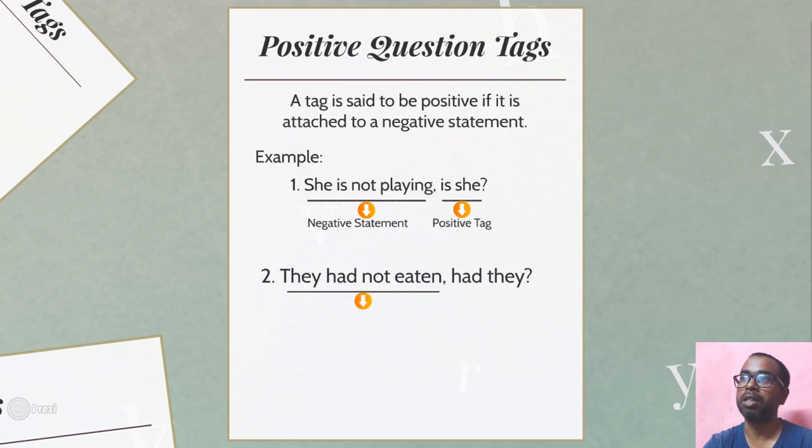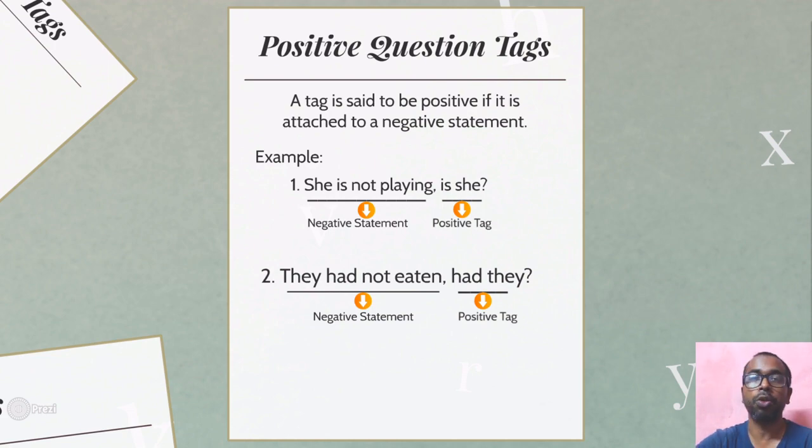The first part that's been underlined is definitely the negative statement, and it should be followed by a positive tag. So here on the screen you can simply see "they had not eaten," that's a negative statement, and the later part, "had they," that's a positive tag. So this is all about positive question tags.